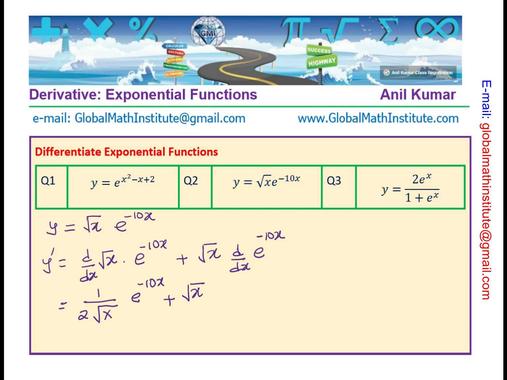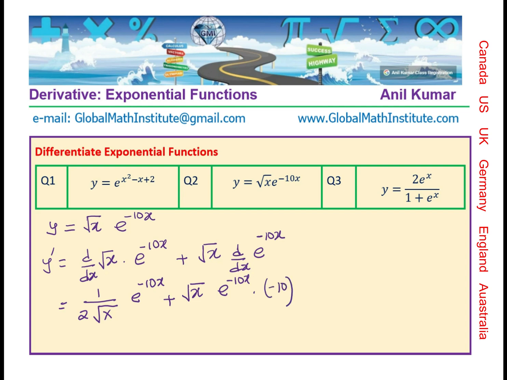The derivative will be e to the power of minus 10x, the same function, times the derivative of the exponent, which is minus 10. Perfect. So that is the derivative you get for the given function.